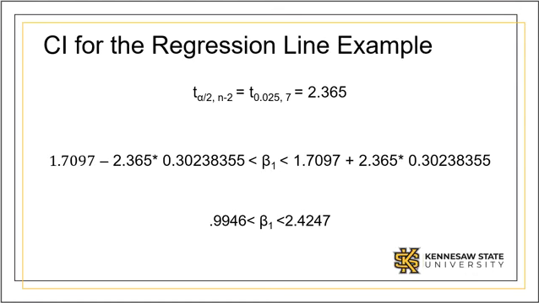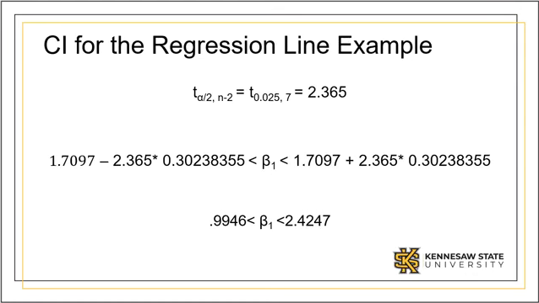For our example, if we wish to find a 95% confidence interval for the slope, the critical statistic is 2.365. This is based on an alpha over 2 of 0.025 and a degrees of freedom of 7.